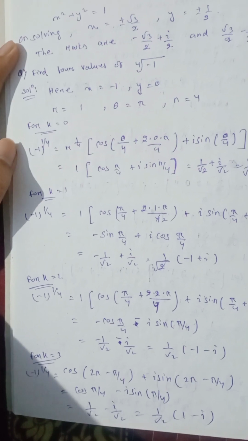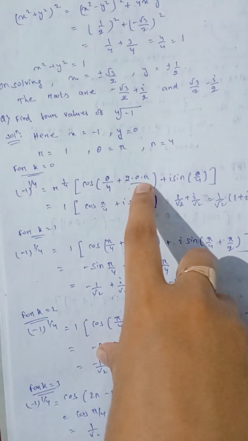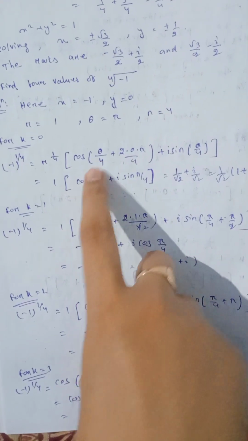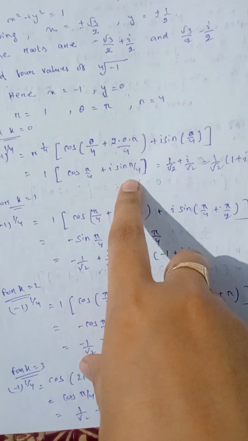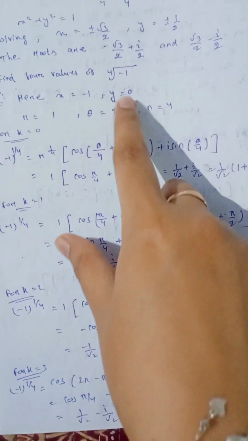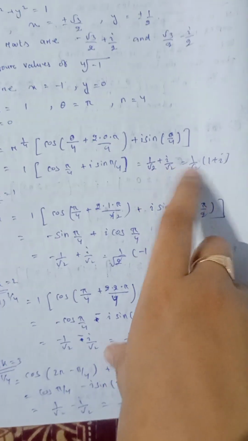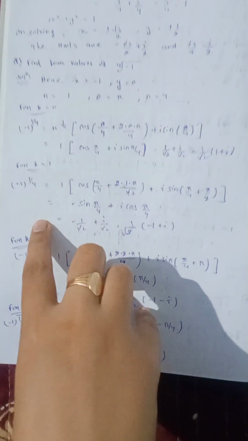For k equal to 0, here we have put k equal to 0. So we get 1 into cos pi by 4 plus I sin pi by 4. Here theta equal to pi, so theta equal to pi by 4. So 1 by root 2 plus I by root 2.